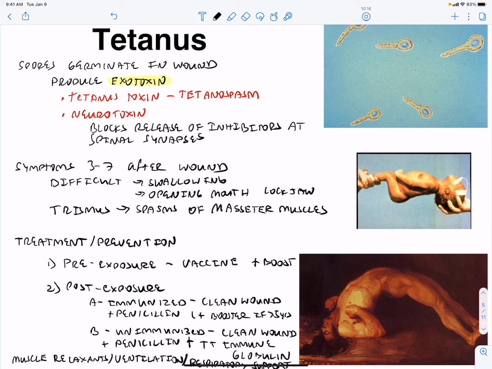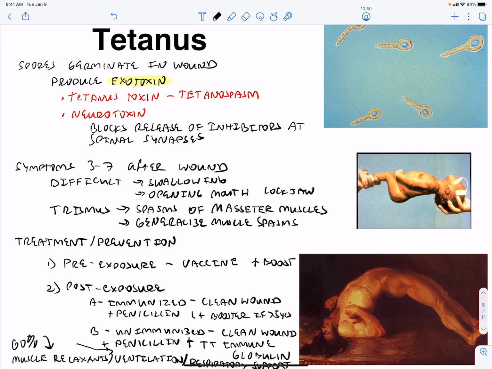And you're going to have generalized severe muscle spasms. And so this is going to lead to potential respiratory distress and failure. 60% of all cases require ventilation. So this is 60%. They're going to require the ventilator, relaxers, etc.